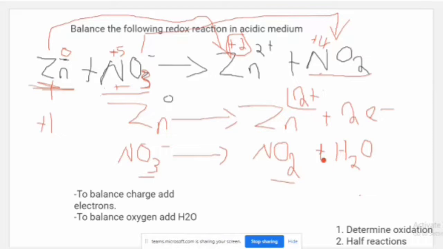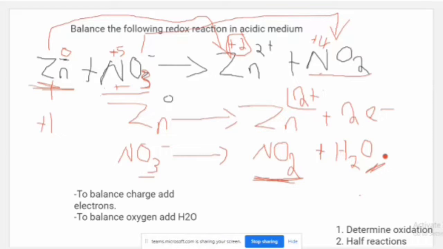Okay, yes. So now we had 2 oxygen atoms here on the product side. So we're supposed to add a water molecule this side so that we can have 3 oxygen atoms, because we need to have the same number of atoms on the reactant side and the product side. So by adding a water molecule, I've balanced oxygen because I now have 2 atoms from this compound, then plus 1 atom from this water molecule.